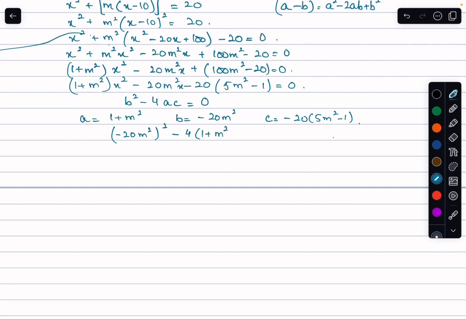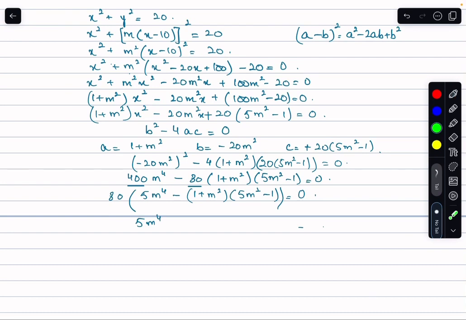So if I substitute all the values in the discriminant condition, this becomes minus 20m square the whole square minus 4ac, so that means minus 4 times 1 plus m square, and c, which is 20 times 5m square minus 1, and this will be equal to 0.